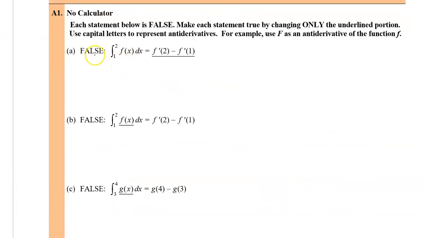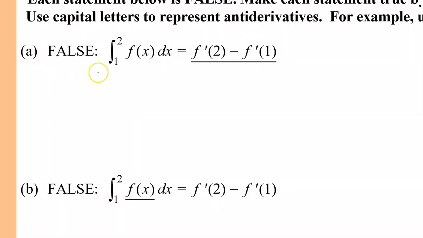Let's practice. Each one of the following statements is false. We need to change the underlined part in order to make the statement true. Notice that we will be using capital letters to represent antiderivatives. For example, capital F will represent the antiderivative of function f. So what's wrong with this first statement?